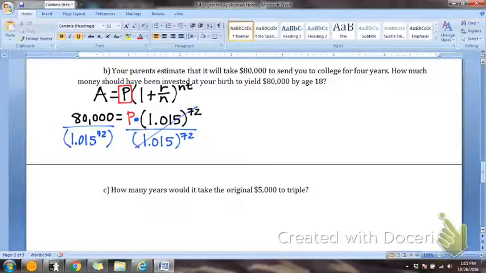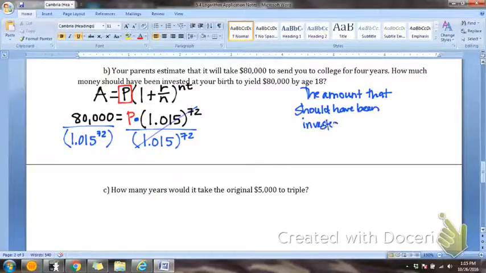Okay, so we don't ever start a sentence with money. So we could say the amount that should be invested, or should have been invested, is 27,386 dollars and 40 cents.